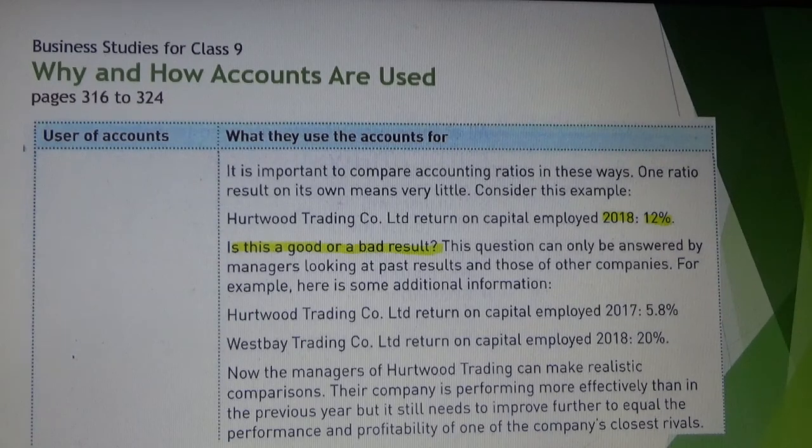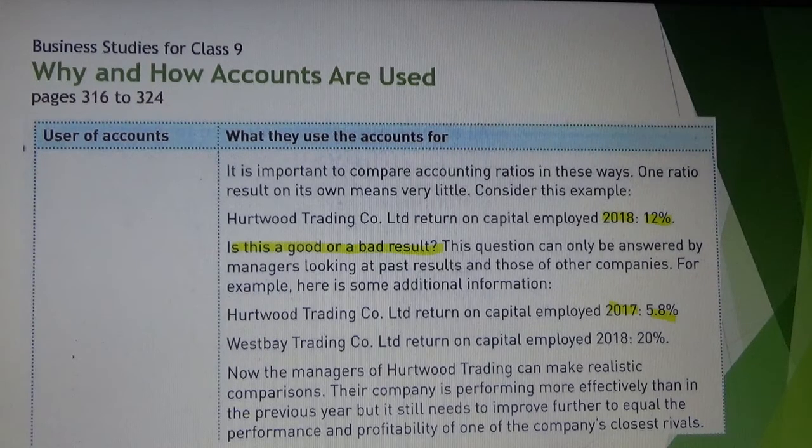This question can only be answered by managers looking at past results and those of other companies. For example, here's some additional information. The same company, Hertwood Trading Company, ROCE in 2017 is 5.8. So there was an increase in the ROCE.